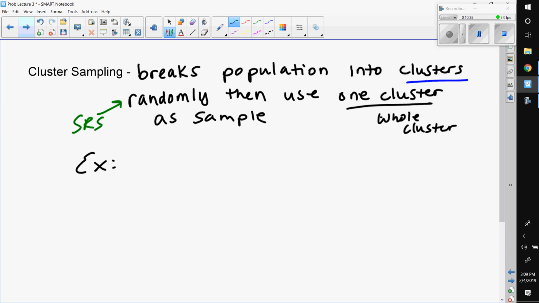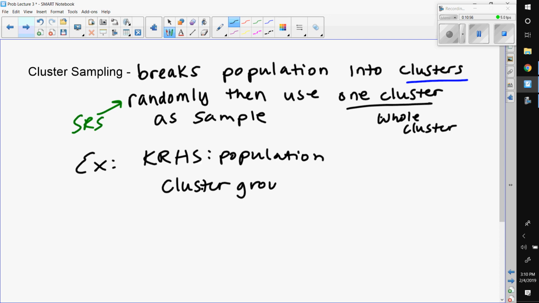So an example would be the KRHS population. So KRHS is our population, and then our cluster groups would be simple random samples, we'll say into 4 groups.